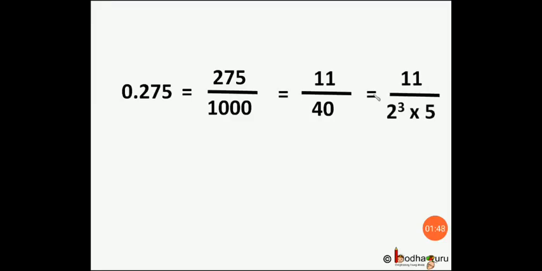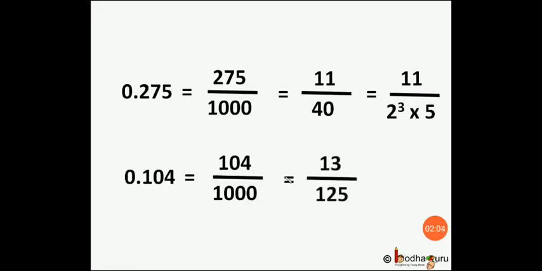So 0.275 is equal to 11 by 2 cube into 5, and 0.104 in standard form, converting the denominator in terms of 2 and 5, we get 13 by 2 to the power 0 into 5 to the power 3.